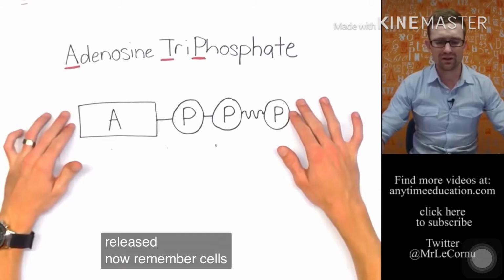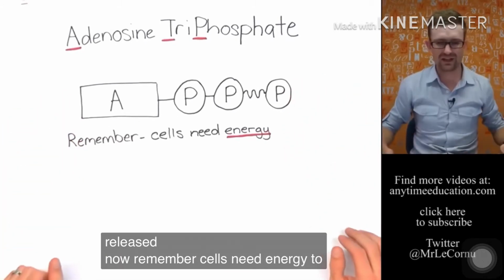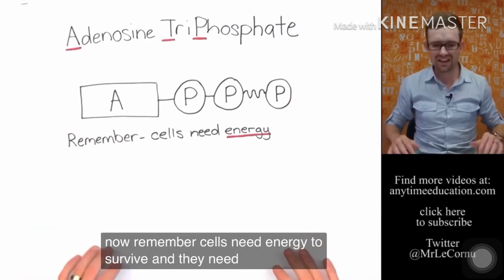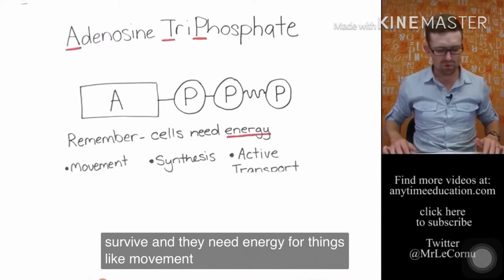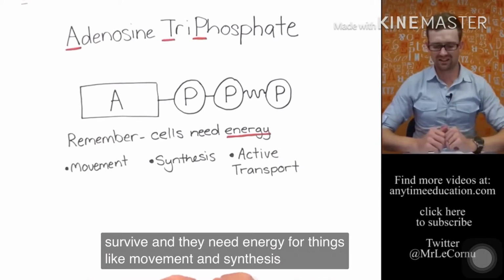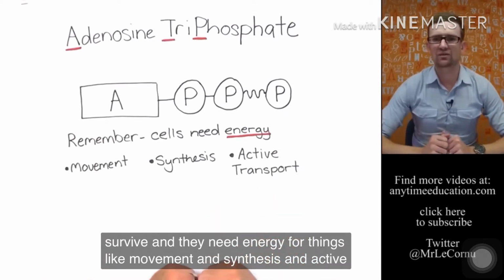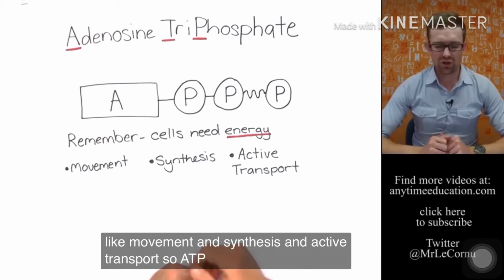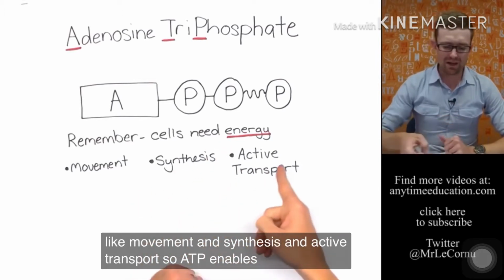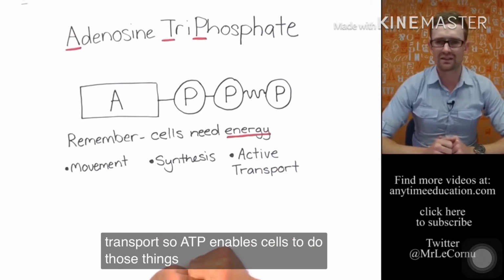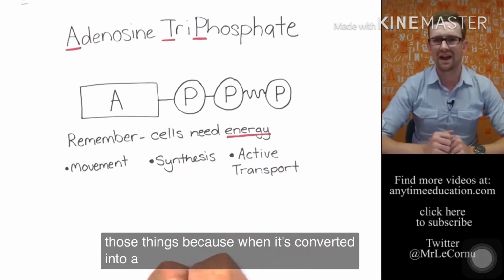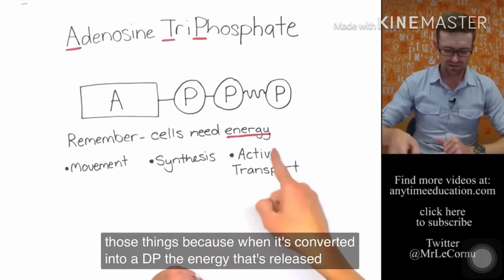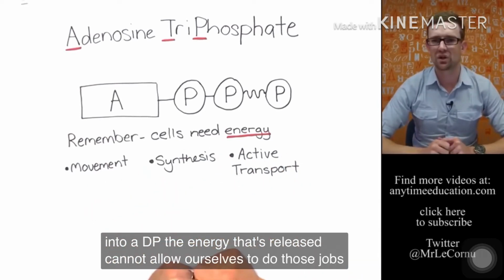Now remember, cells need energy to survive. And they need energy for things like movement and synthesis and active transport. So ATP enables cells to do those things because when it's converted into ADP, the energy that's released can allow cells to do those jobs.